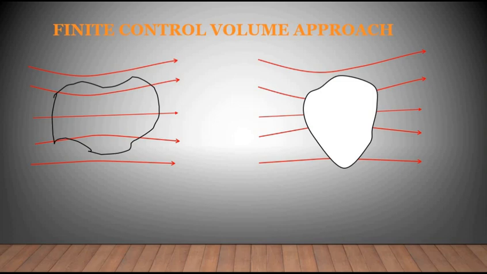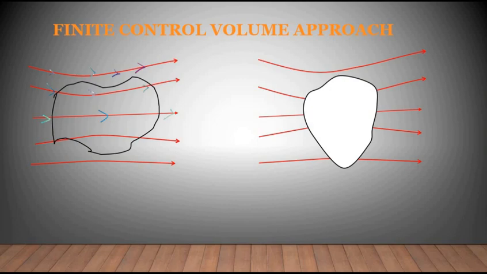Let us first look at the finite control volume approach. In this approach, let us first consider the streamlines. We have general streamlines which are flowing in the fluid, that is the flow of streamlines. And in between these streamlines, I consider an arbitrary space.